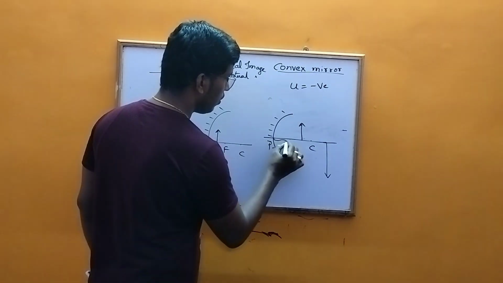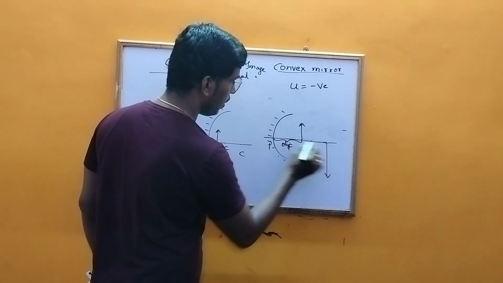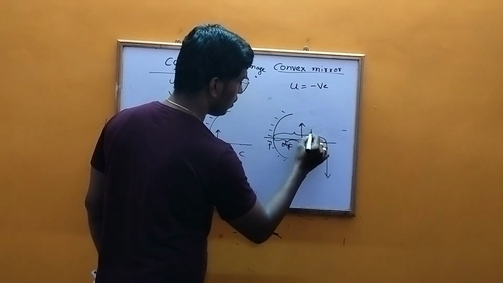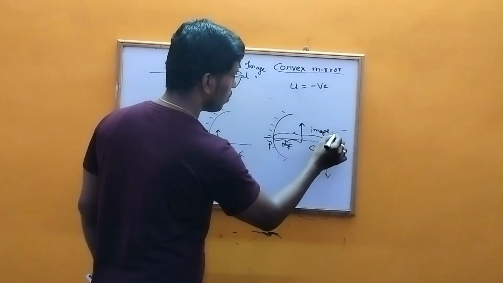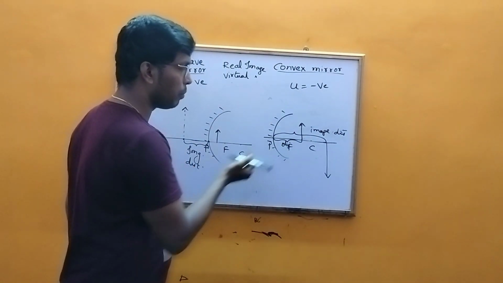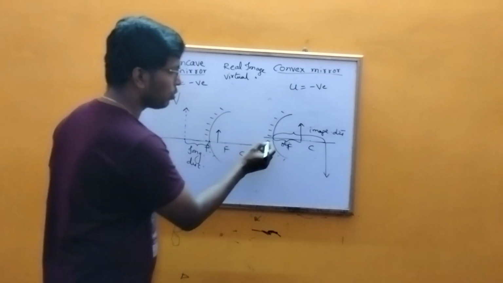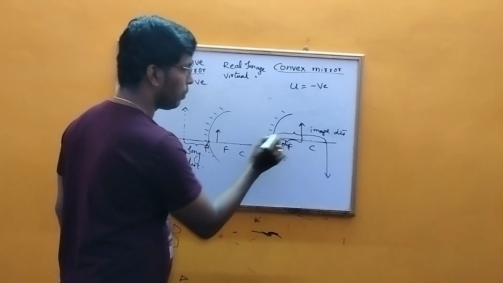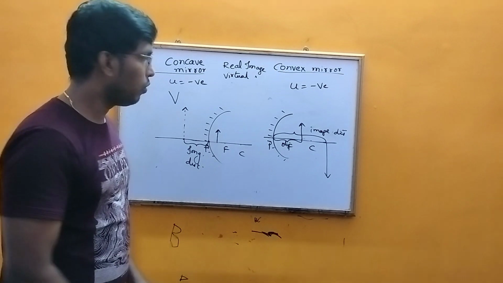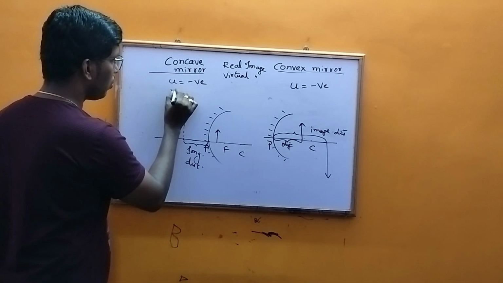Similarly, this is considered the object distance, and from here to here is the image distance. From where are we considering the image distance or object distance? From the pole. You should remember that all distances will be measured from the pole itself. The image distance will be denoted as V.